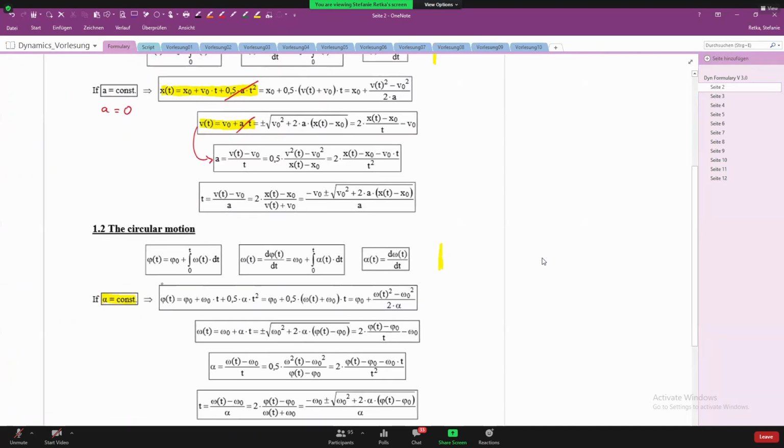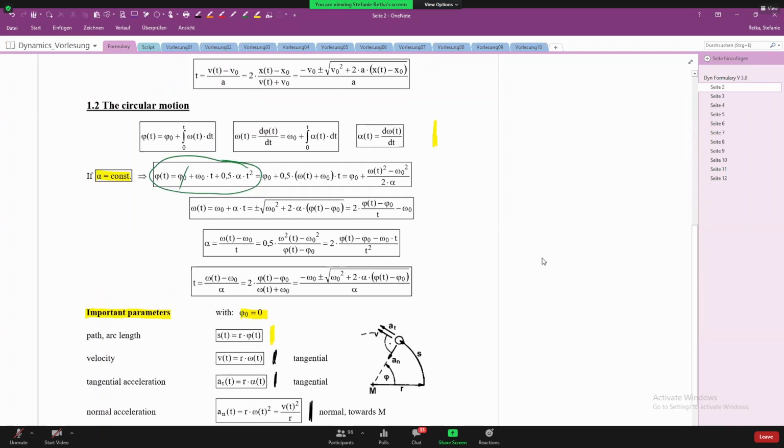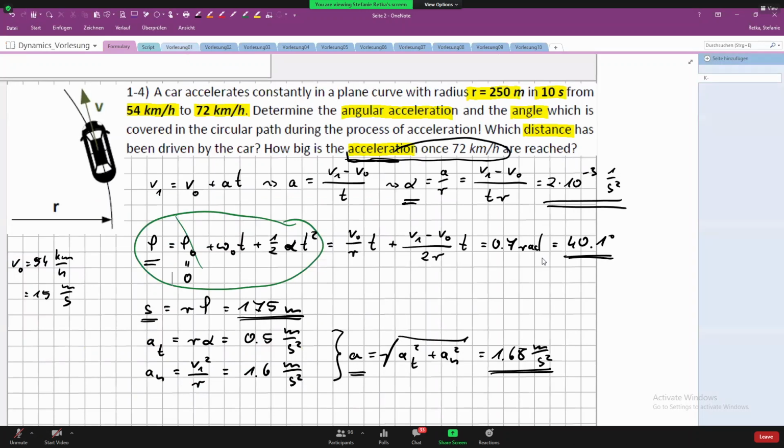That's this equation. Phi is 0. Then omega 0 you can find here. Substitute this for omega, V over R times T. And it's this here. Omega. And then for alpha, I substituted this part right here.